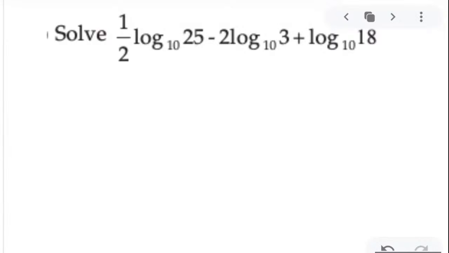Log 162 to the base 10, is it? Log 5 by 162. Where did 162 come from? But okay. Ma'am, log 5 by 9 into 18.